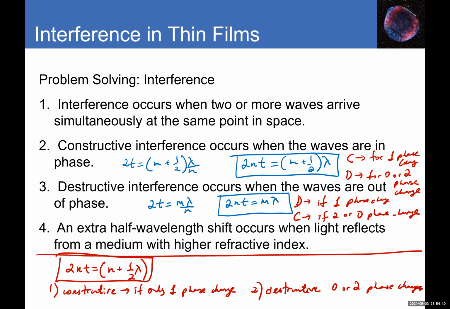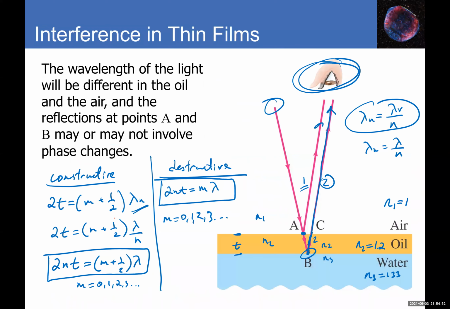When you have air, then a thin film like oil, and then water, you have both of them. If I go back to right here, that's what I have. Because it goes from lower to higher, there is a phase change. Again, here it goes from lower to higher, there is a phase change. That means you have two reflective phase changes.